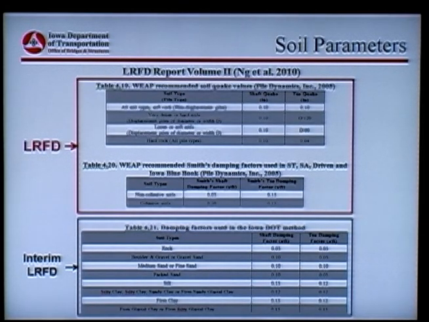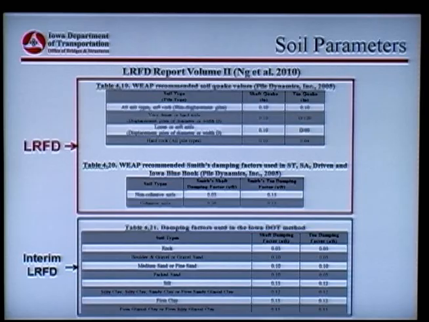All right, what are the changes in the soil parameters like damping and quake value in the WEAP analysis? Let's look at the damping currently used under this interim LRFD procedure, where you have a range of shaft damping and toe damping depending on the soil types. What will change is that we will have a much simpler shaft damping and toe damping recommended by the PDI, described in the help menu of the program, that is based on whether the soil is cohesive or non-cohesive.